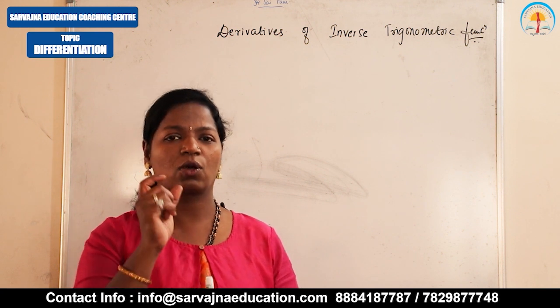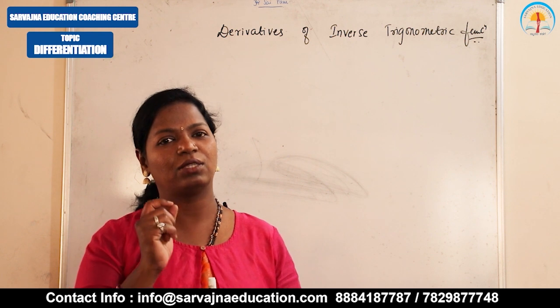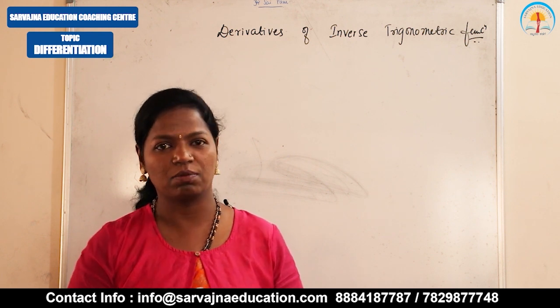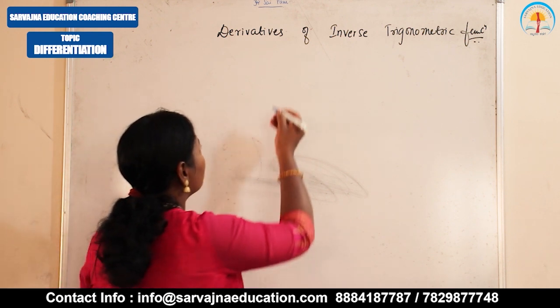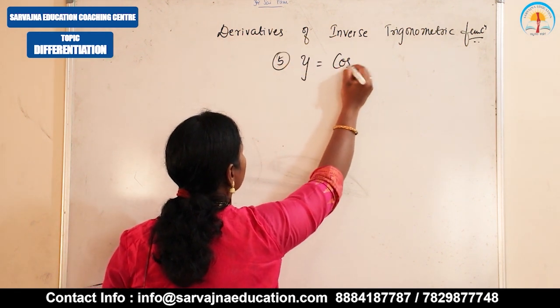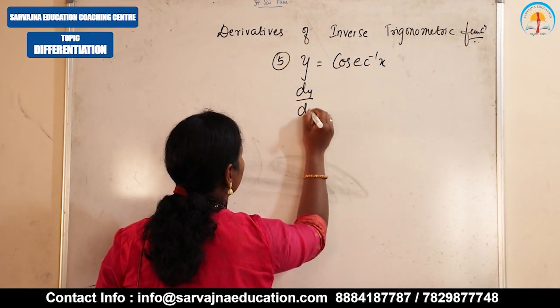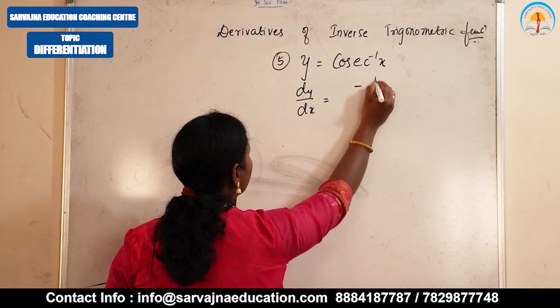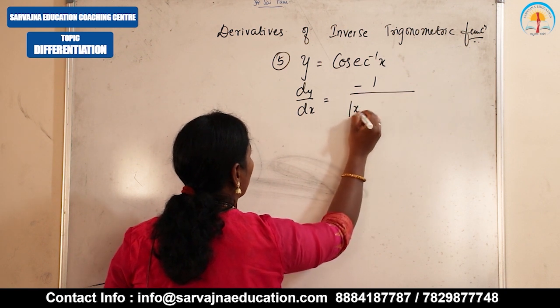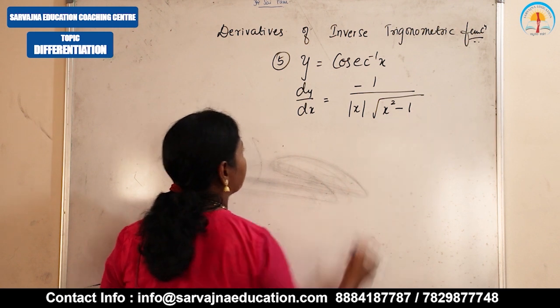Here also, cosecant inverse x and secant inverse x have the same formula, the only difference is the negative symbol. So dy by dx is equal to minus 1 by mod x root x square minus 1.